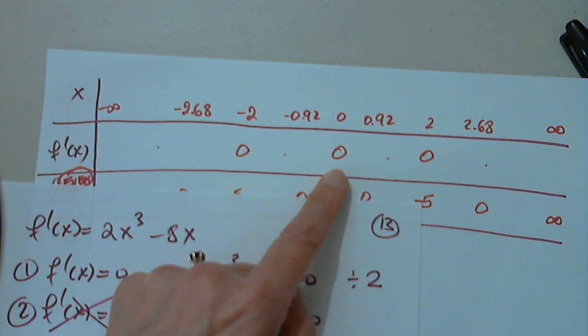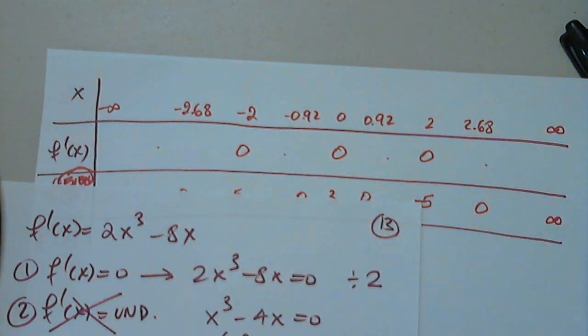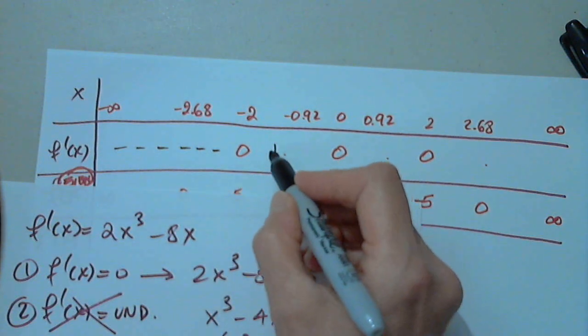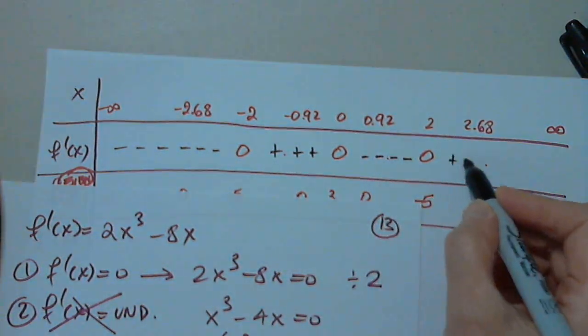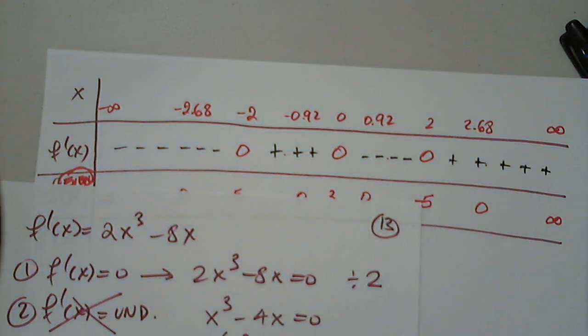Yes, that's correct, but I'm looking at the derivative. And then let's say 5. So the signs are negative, positive, negative, positive. Good.